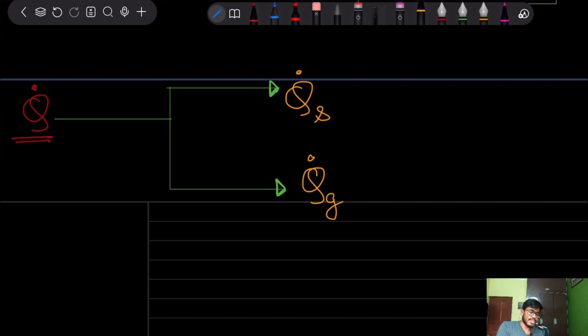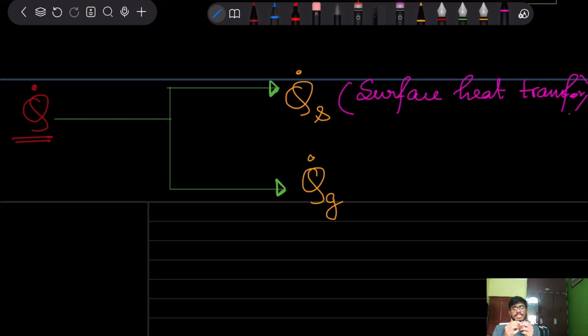So q dot s is the surface heat transfer, that is how much heat is penetrating through the surface of this material. So this is a surface phenomenon.